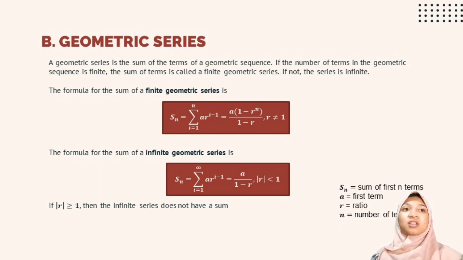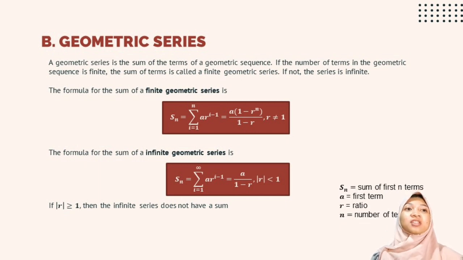The formula for the sum of a finite geometric series is the sum of n equals the sum from i equals 1 to n of a times r to the power of i negative 1 equals a multiplied by 1 negative r to the power of n divided by 1 negative r, when r is not equal to 1.